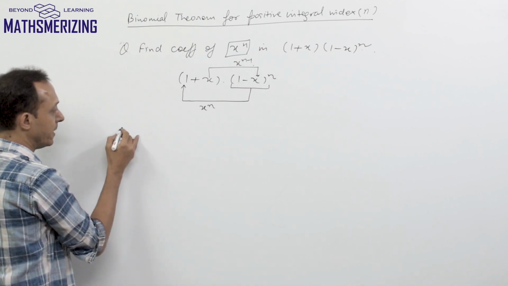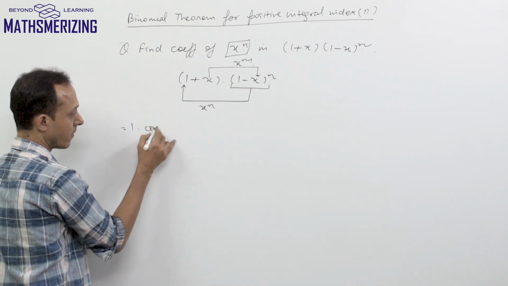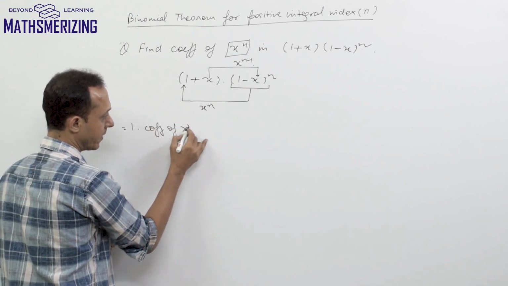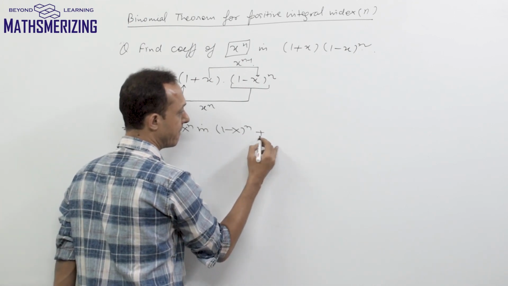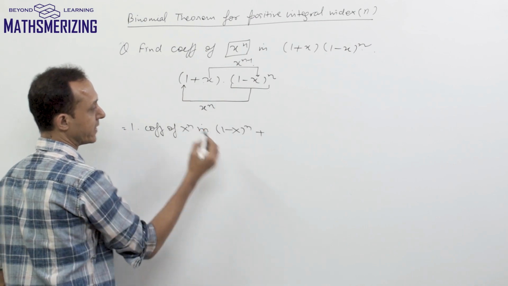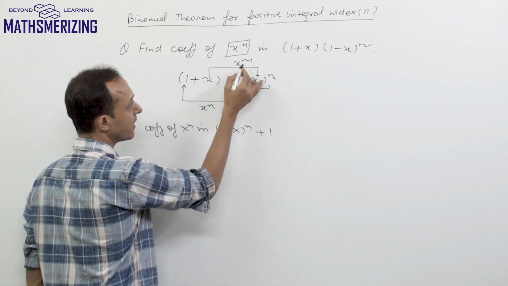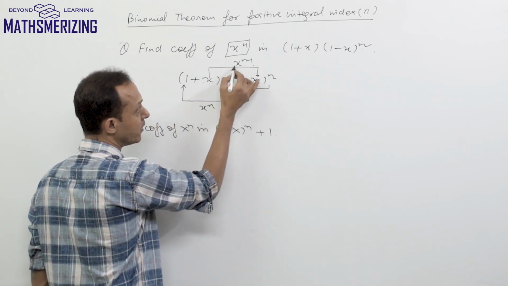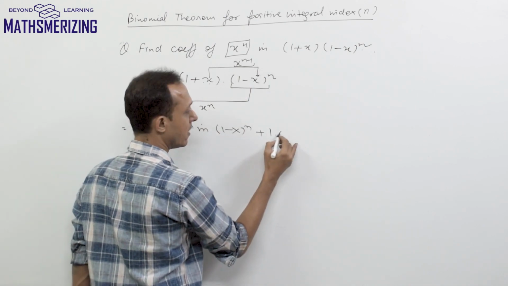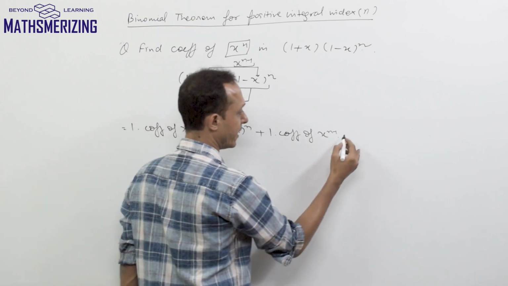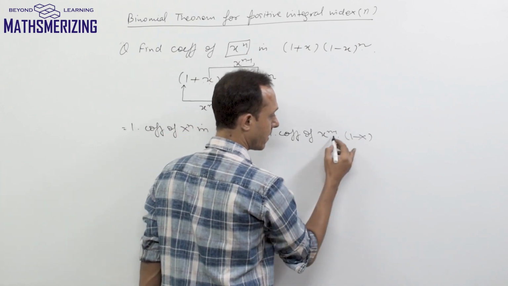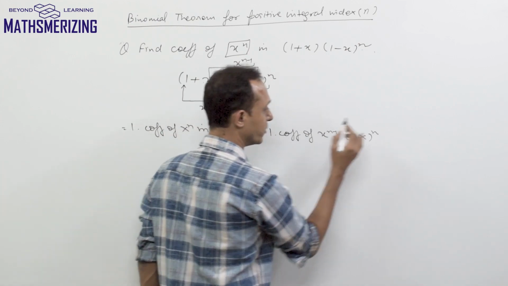The first one will be 1 into the coefficient of x to the power n in (1 minus x) to the power n, and plus, here again the coefficient of x is 1, and then here I need to multiply x with the coefficient of x to the power n minus 1. So it is the coefficient of x to the power n minus 1 in (1 minus x) to the power n.